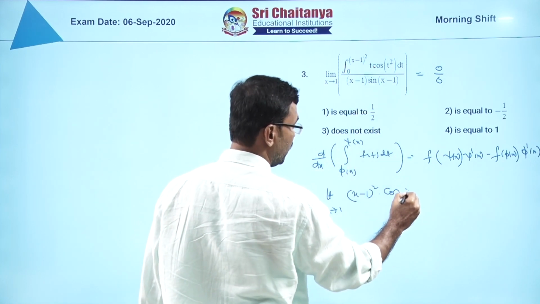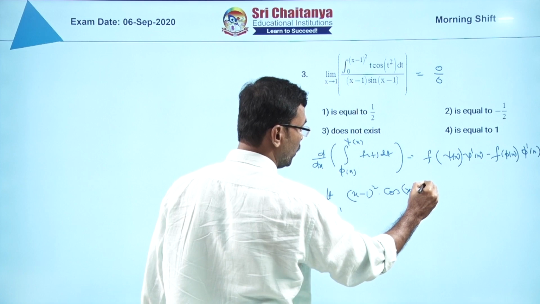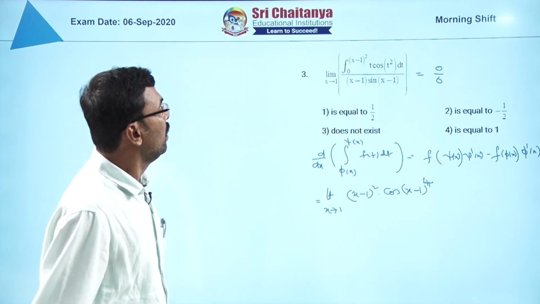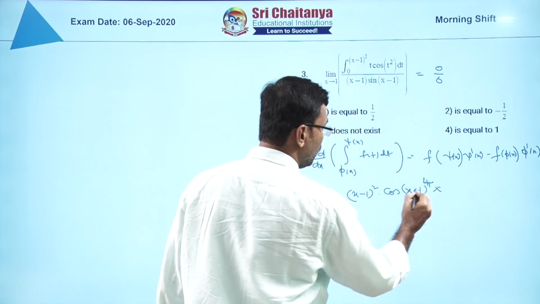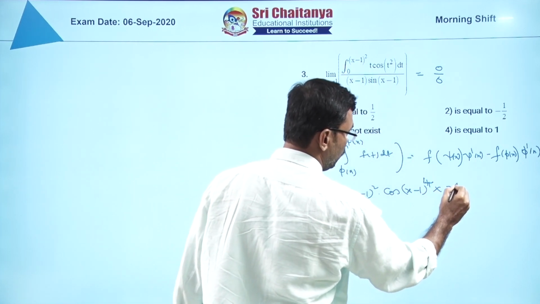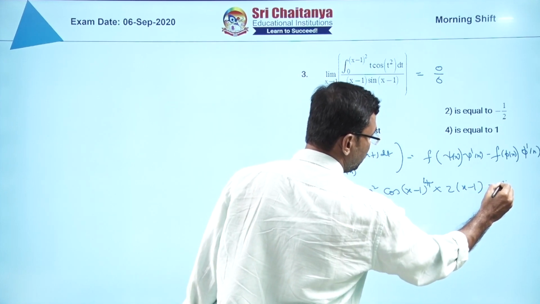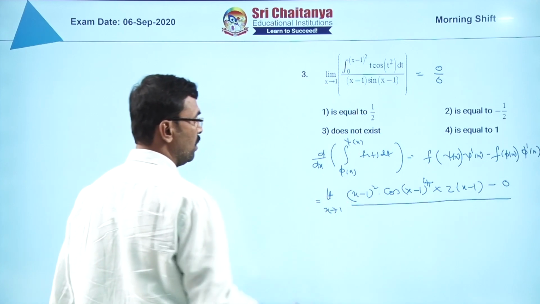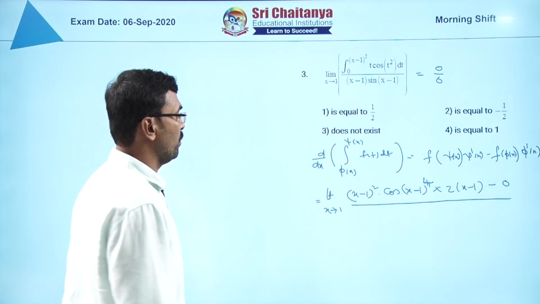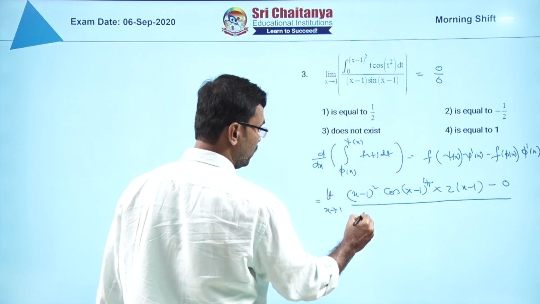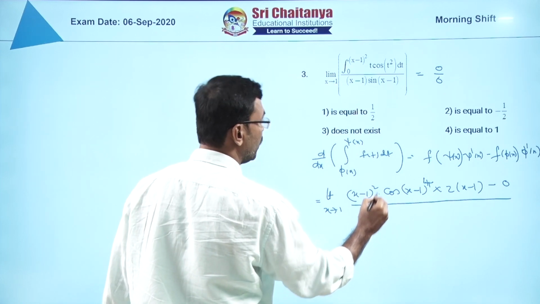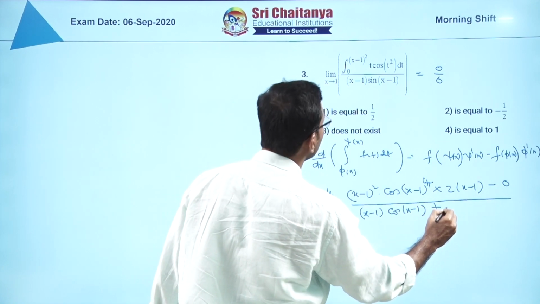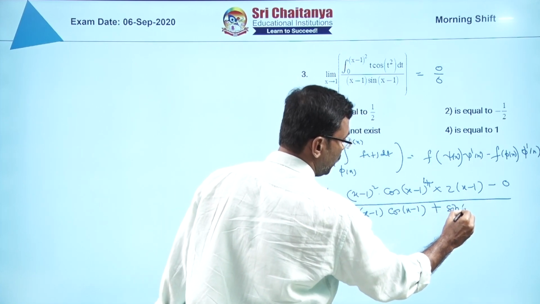So, x minus 1 whole square power 2, that is power 4, into derivative of x minus 1 whole square, 2 into x minus 1, minus 0, divided by derivative of denominator. Here product is there, so apply product rule: x minus 1 into derivative of sin of x minus 1, cos x minus 1, plus sin x minus 1 into 1.